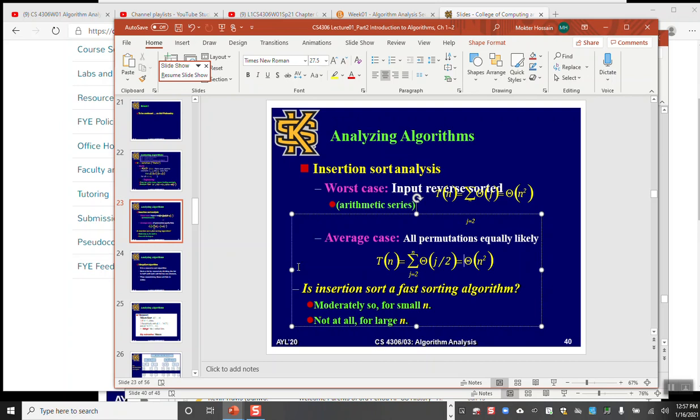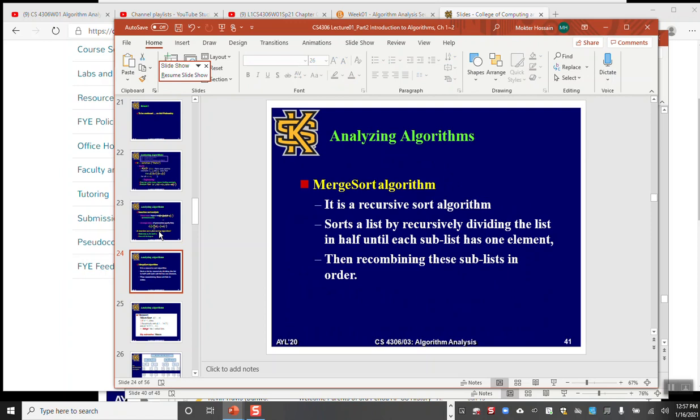A common question is whether insertion sort is a fast sorting algorithm. It is actually a tricky question to answer. Maybe yes, if n is a small number, but not always for large n. For a large number, there are other algorithms.